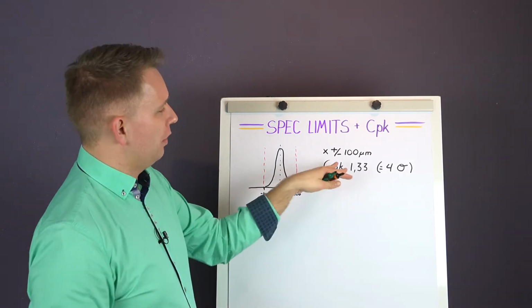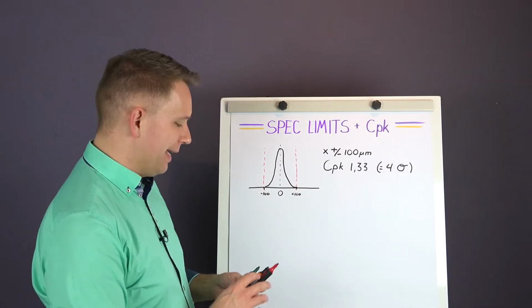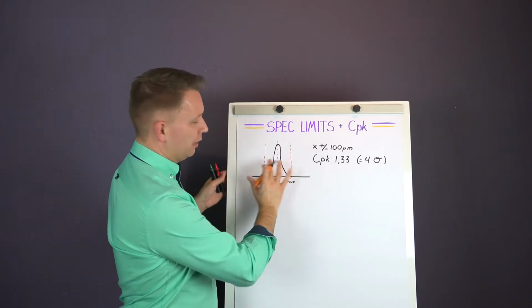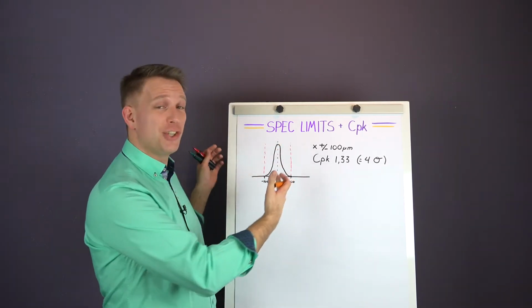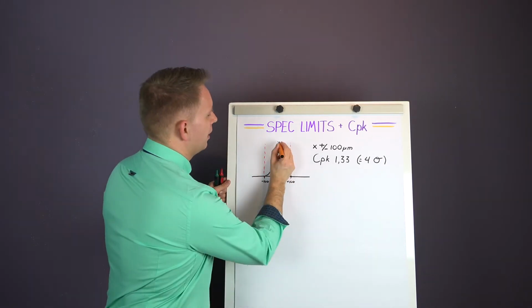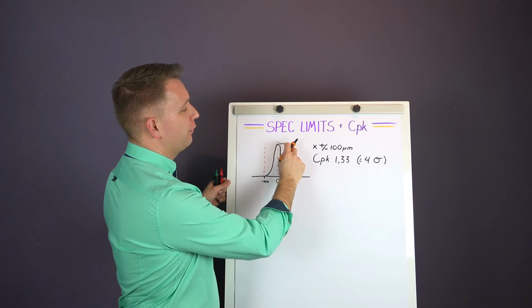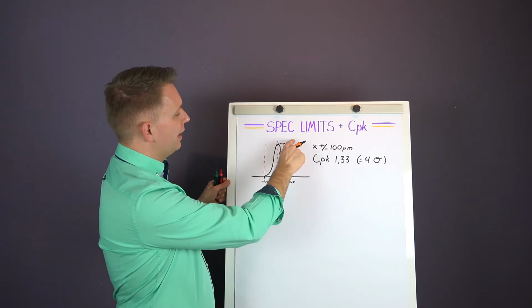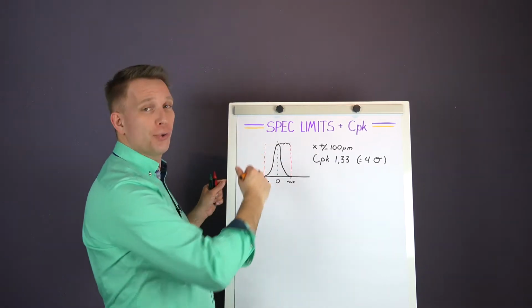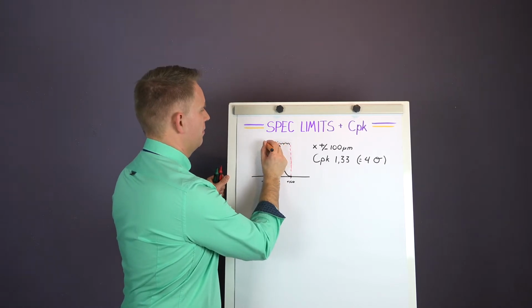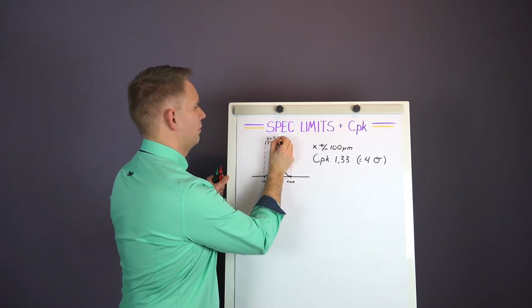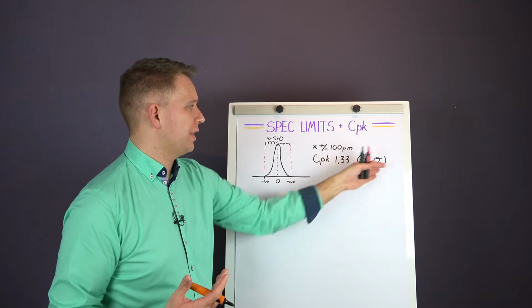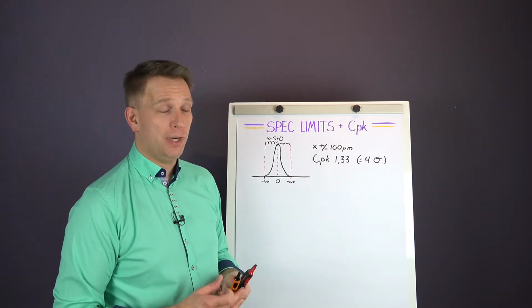And a CPK of 1.33 or 4 sigmas means that we have a normally distributed variation in the process, in our component, of 1, 2, 3, 4 sigmas, 4 standard deviations between the center line and the specification limit, and the same also on the other side. So 4 times the standard deviation.